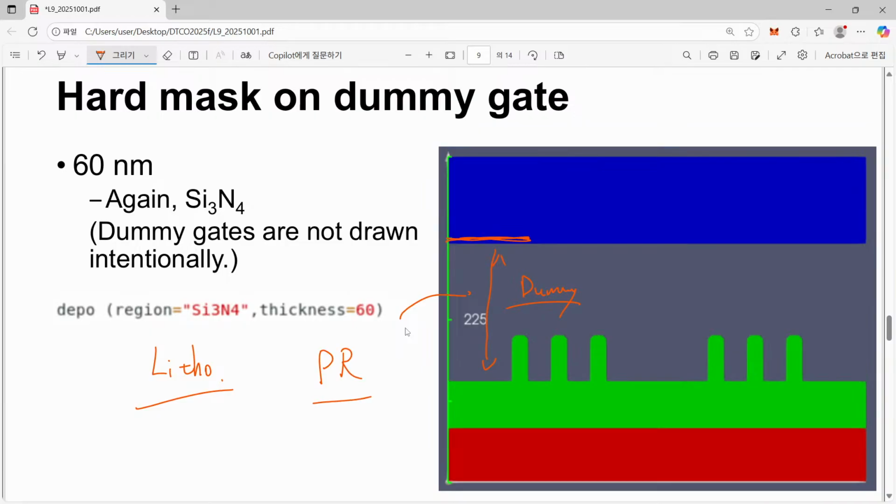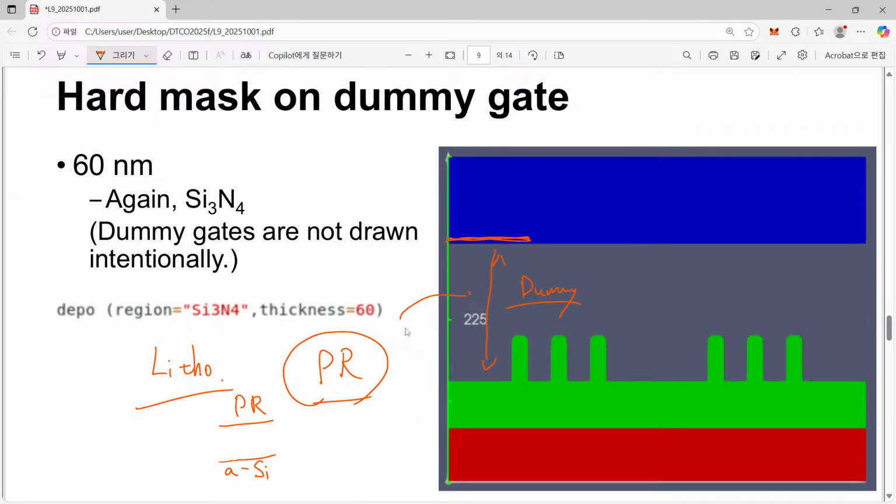We cannot make the pattern directly on our amorphous silicon. No, it's not possible. So therefore, we have to introduce a photoresist. Although we wanted to pattern the amorphous silicon, since it is not possible, we introduce PR.